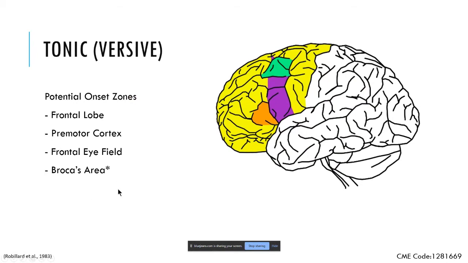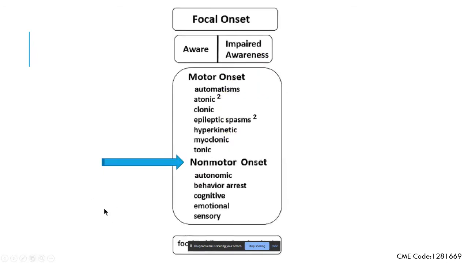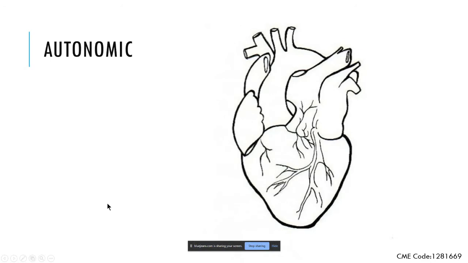So that's a lot about motor. Let's talk briefly about some non-motor onsets. Autonomic seizures are labeled as such when their predominant feature involves objective autonomic manifestations such as tachycardia, retching, and emesis, though any number of symptoms have been reported.